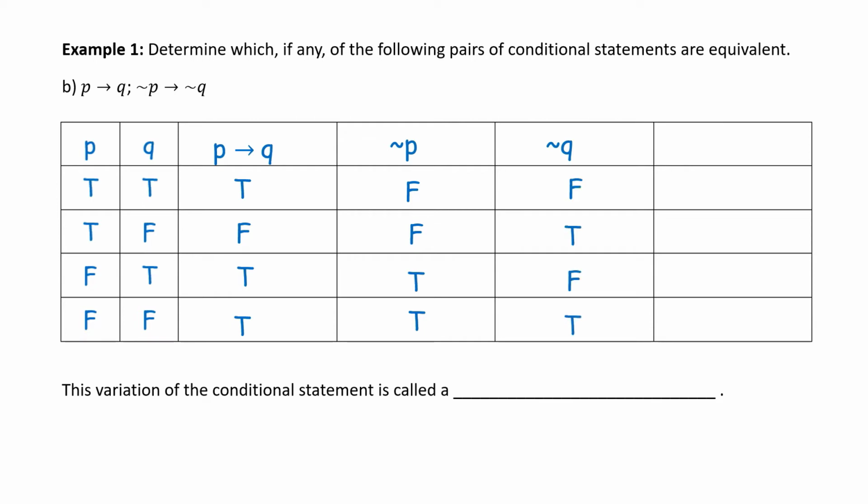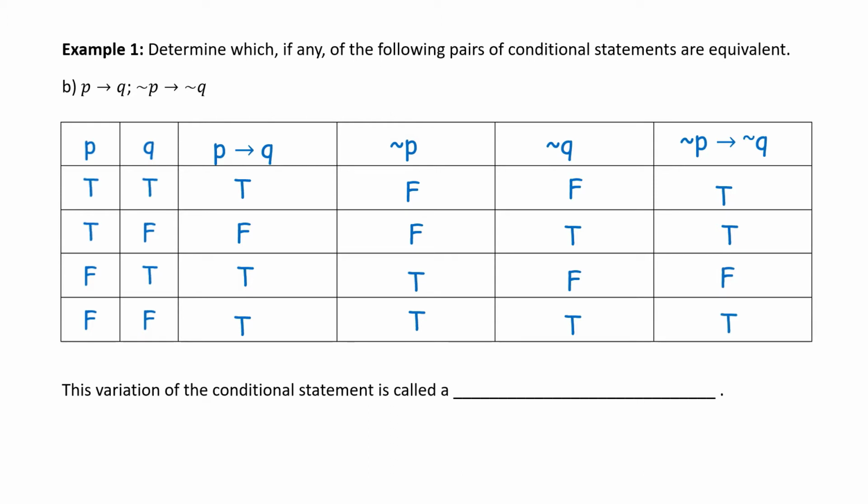Let's set up the conditional not P implies not Q. False implies false is true. False implies true, that's also true. True implies false, that's false. And true implies true is true.